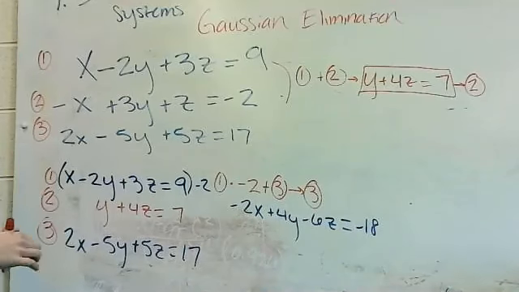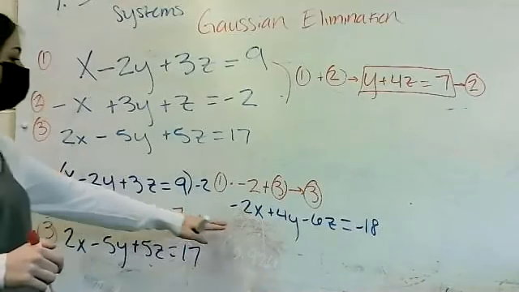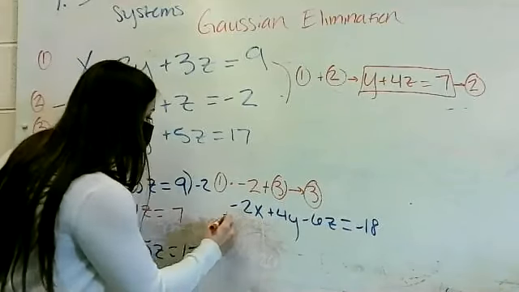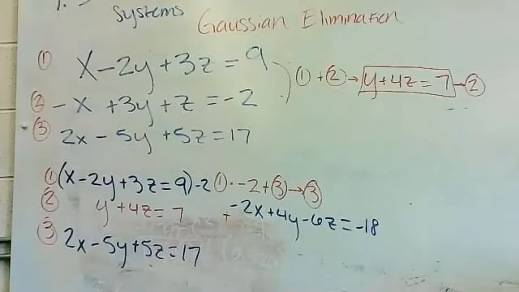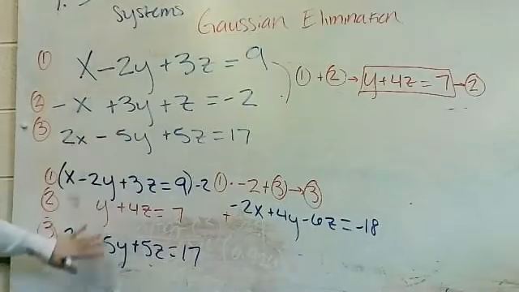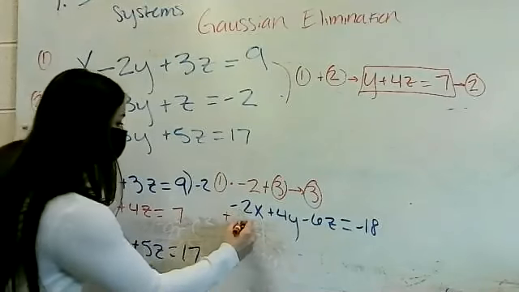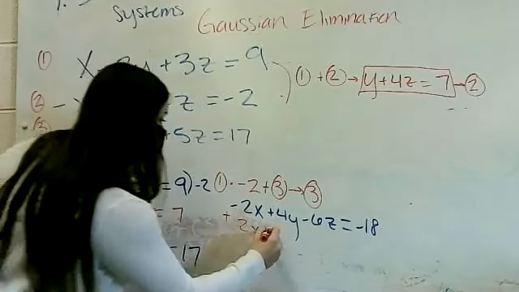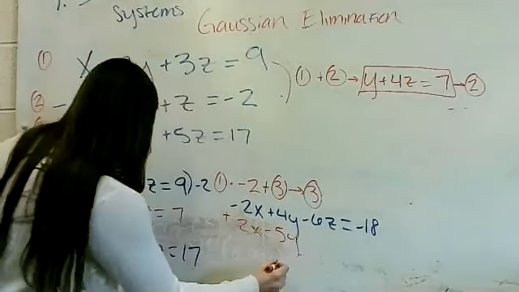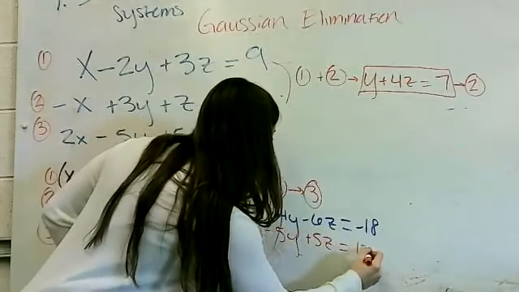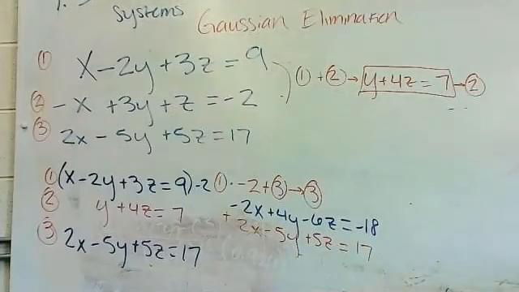It happens all the time. Okay, so I've multiplied by my negative 2. So now I get to add to my equation 3. I like to do all my work off to the side so I don't interrupt all my nice, lovely equations here. Adding on to 3, my 3 is positive 2x, negative 5y, plus 5z equals 17.